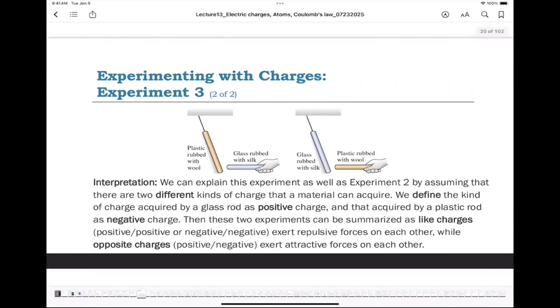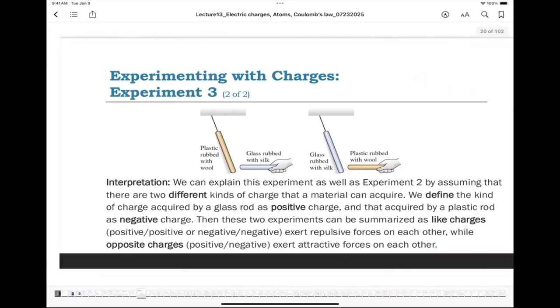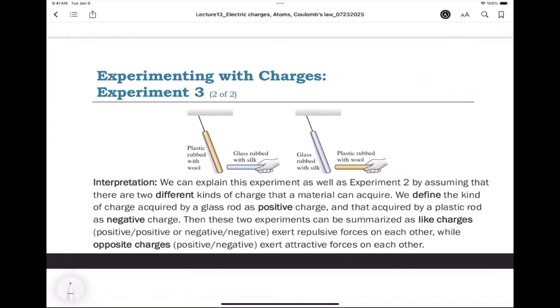We can explain this experiment, as well as the previous one, by assuming that there are two different kinds of charge that a material can acquire. We define the kind of charge acquired by a glass rod as positive charge, and that acquired by a plastic rod as negative charge.